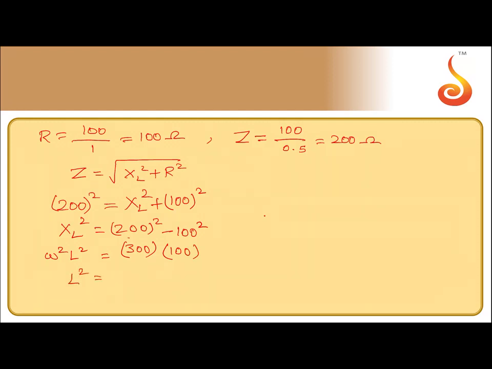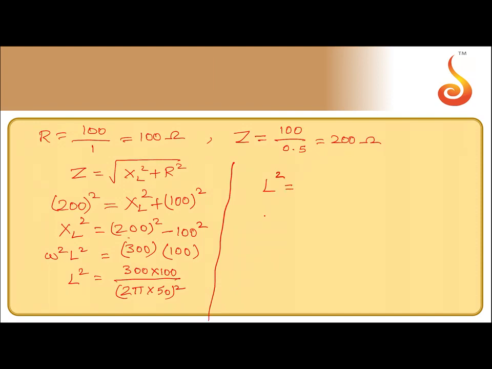So L square is equal to 300 into 100 divided by omega square is, F is given 50, so it should be 2 pi F, 2 pi into 50 whole square. So this is it. Now calculate L from this.